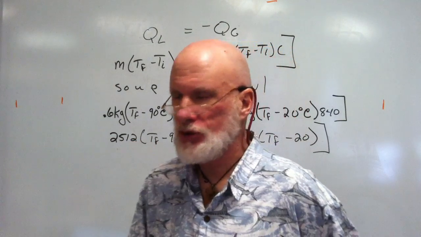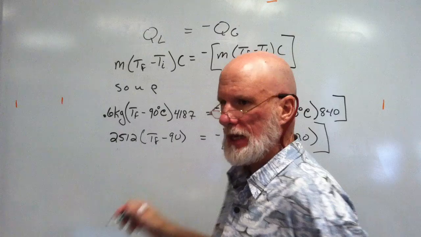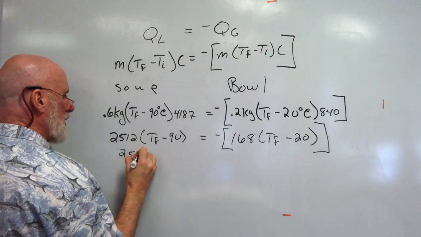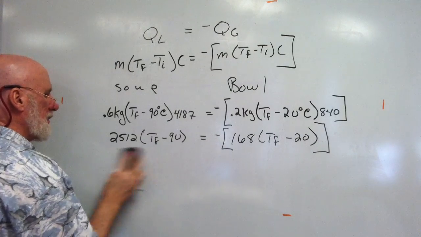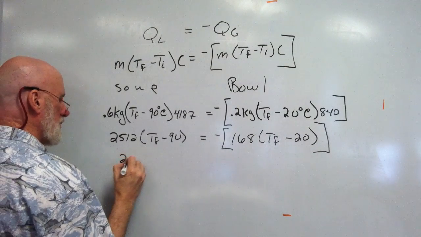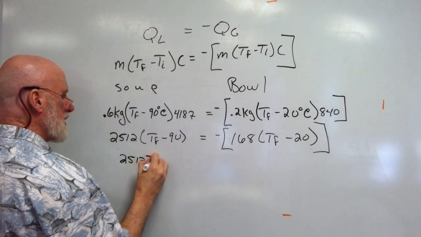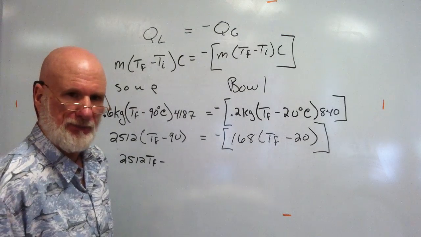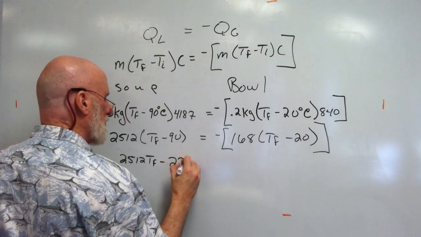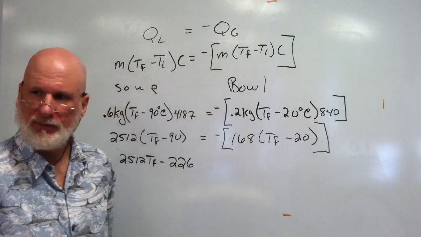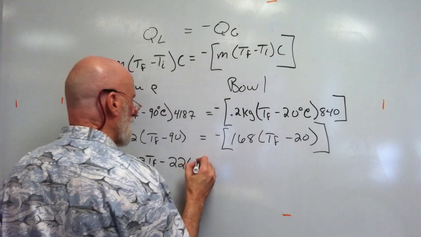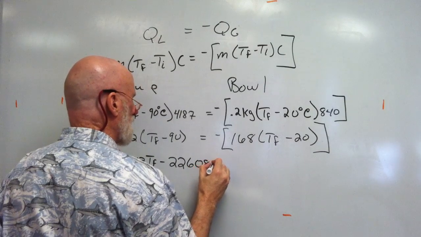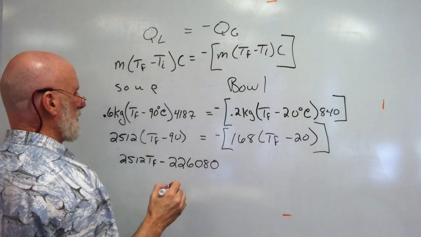Distribute this now. 2512 times TF is going to be 2512 TF minus what? 226,080. There you go.